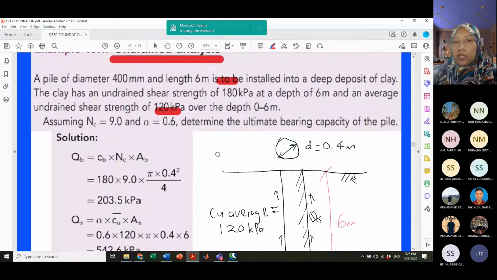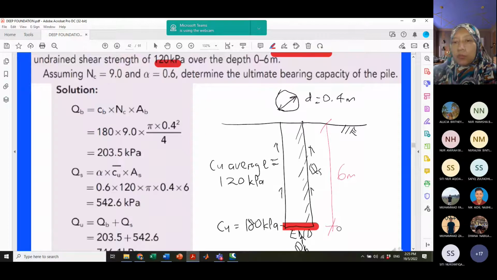So when you read again, it stated that the clay has undrained shear strength of 180 at the depth of 6 meter. Meaning at the depth of 6 meter, the undrained cohesion is CU 180 kPa. So that 180 kPa is the depth where the bottom of the pipe is embedded.